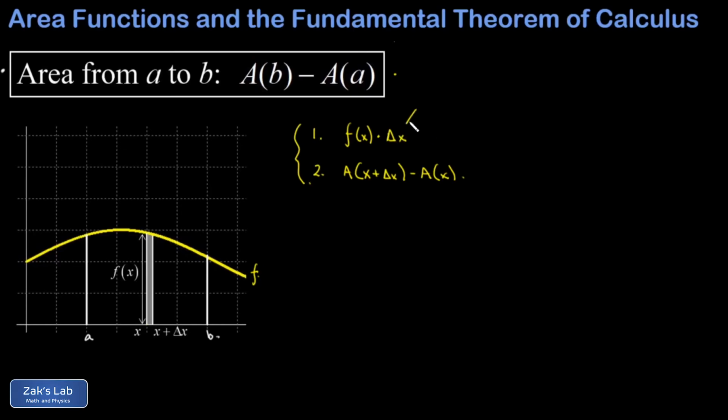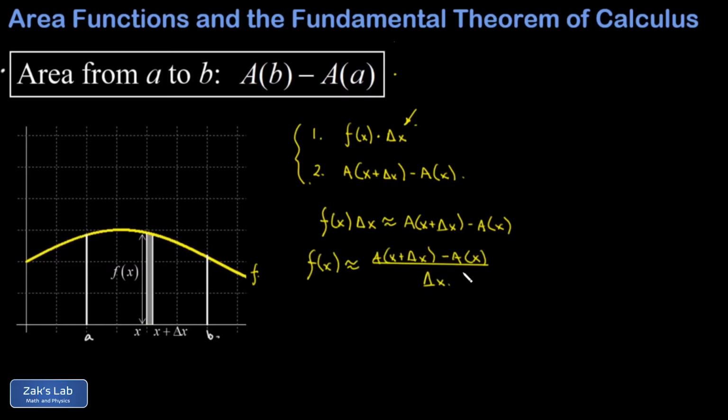There is a small amount of error being committed in the first way of writing it because it's not exactly a rectangle. But I recognize something familiar on the right-hand side, and I'm going to go ahead and solve for little f of x. And what I'm looking at on the right-hand side looks a heck of a lot like a derivative. The only issue there is I need to take a limit as delta x approaches 0.